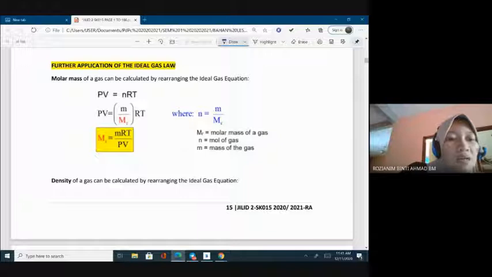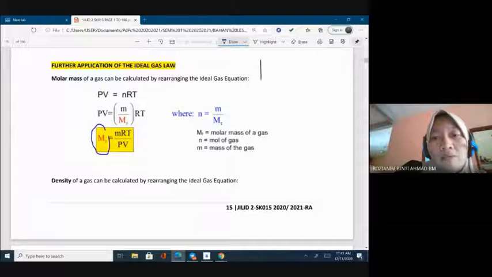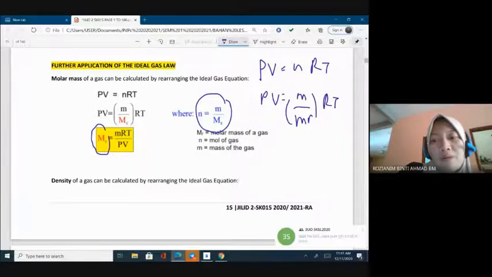We can calculate the molar mass of a substance. We already applied this in our experiment 2. Starting from the formula PV equals nRT, where mole equals mass over molar mass, we substitute M over MR for the mole, and we rearrange.